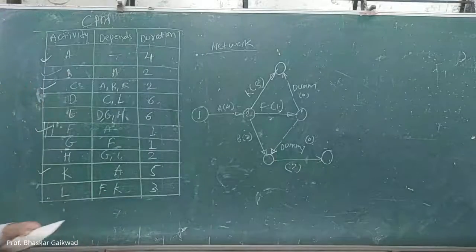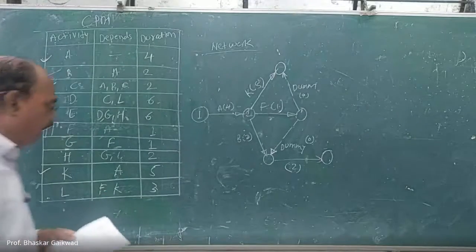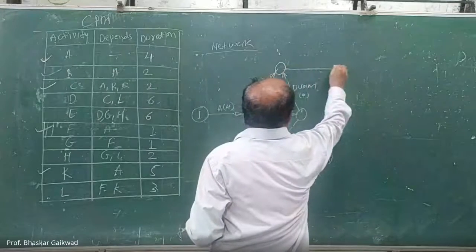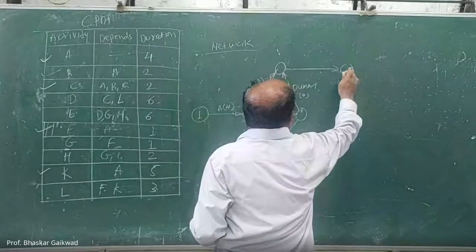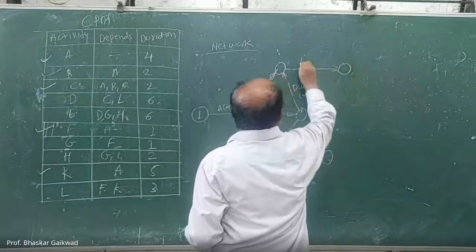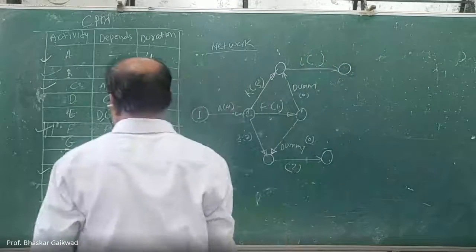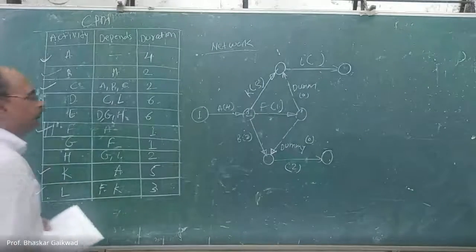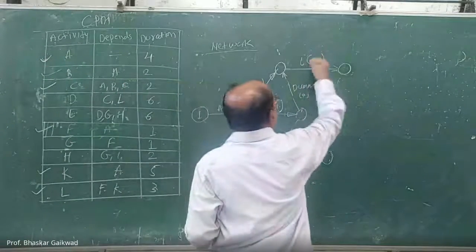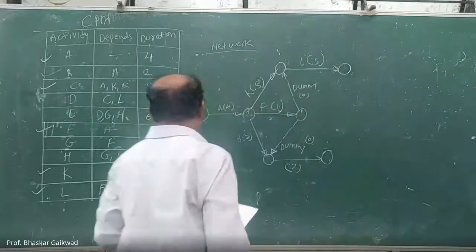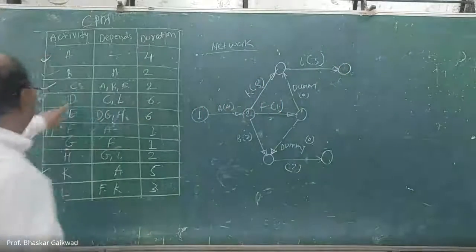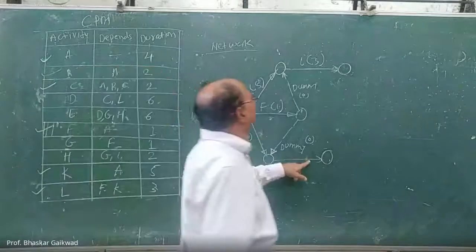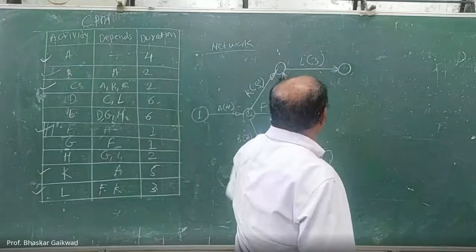I am starting L there. So L will start here. So here is the L. What is the duration of the L? 3. So here you can write 3. Now D is remaining. D will start from C and L. So here is the C and here is the L. Correct.